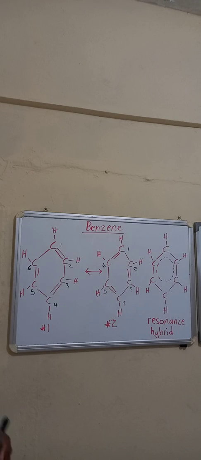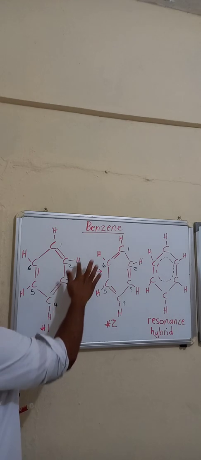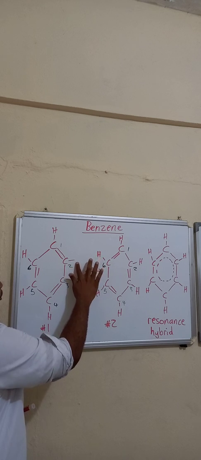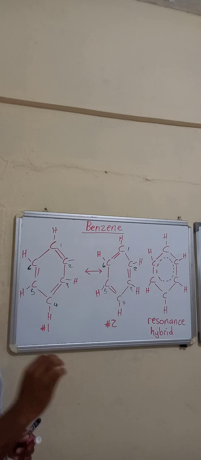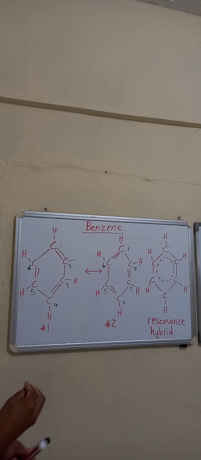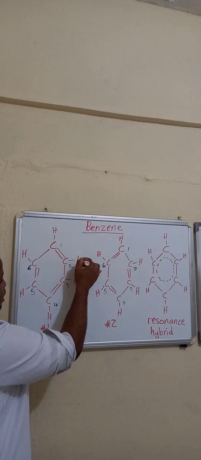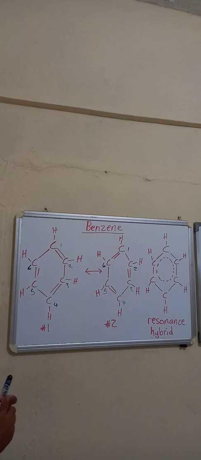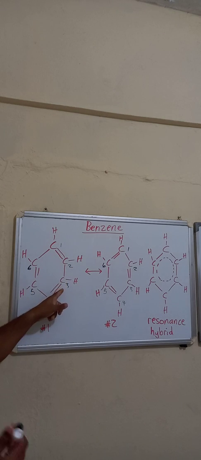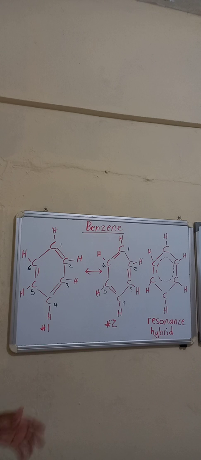So what will actually happen is that it will replace one of the hydrogens with whatever electrophile is being added. Because remember, you cannot add a nucleophile, because the benzene ring has pi electrons. So that makes it a nucleophile. Anything with a lone pair is a nucleophile.